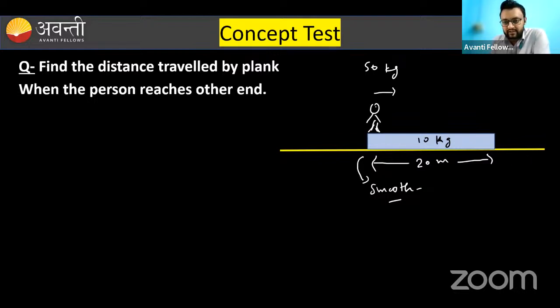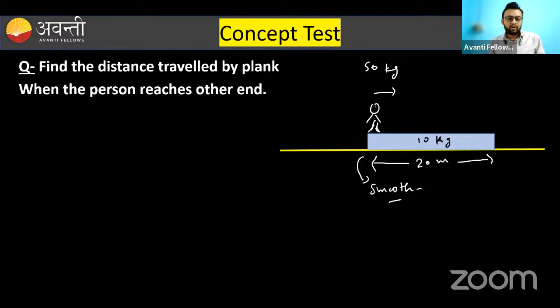This is a smooth surface on which a plank is placed. A plank is a kind of flat surface, a kind of trolley, placed on a surface. And a person of mass 50 kg starts walking in the positive x direction.